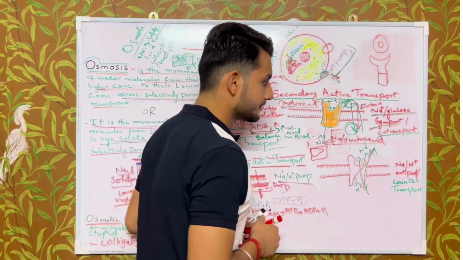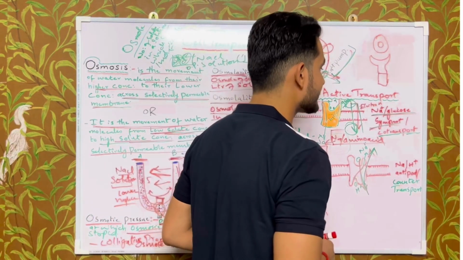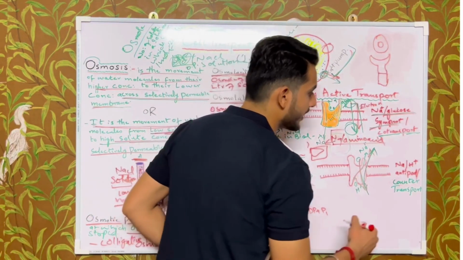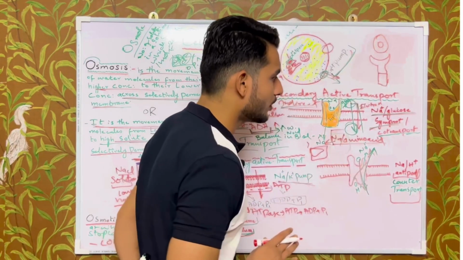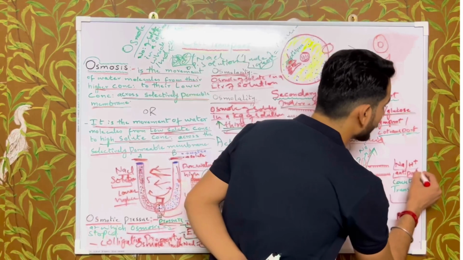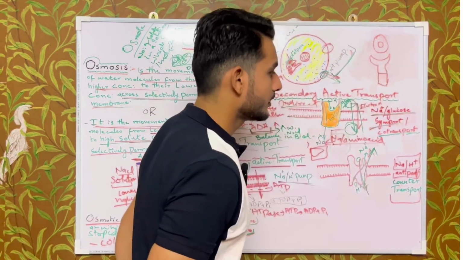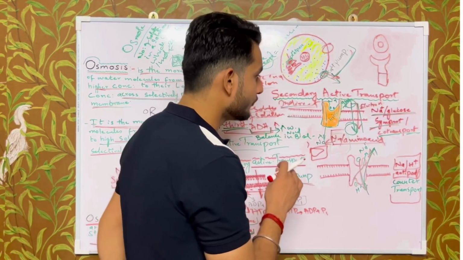We have another type of secondary active transport as well, which is known as counter transport or antiport. The best example of antiport is the sodium proton antiport.